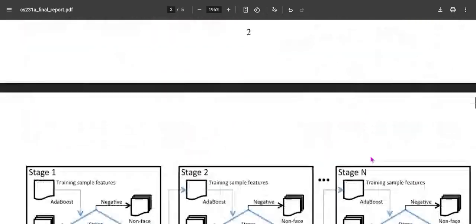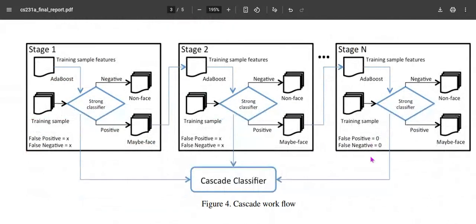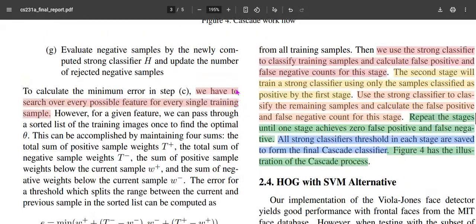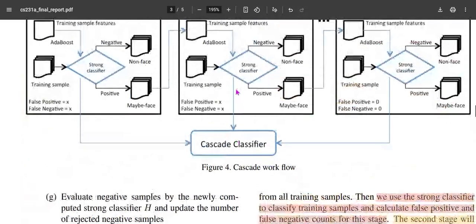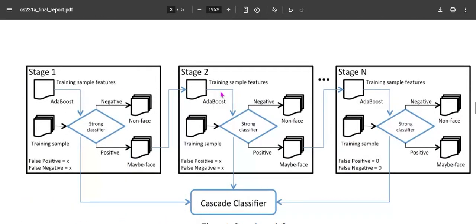We also build stages of classifiers based on AdaBoost, so that when a non-face is found, that stage stops, but when a face is detected, the process goes on to further stages. This helps efficiency, because when an image is taken, only a particular region will have a face, and 75 to 80% of the regions won't. Only a few regions reach the last stages, and the remaining 80 percent of window patches are rejected at the earlier stages.